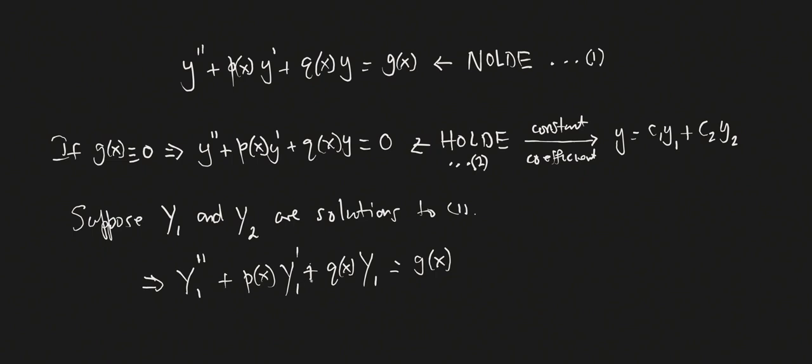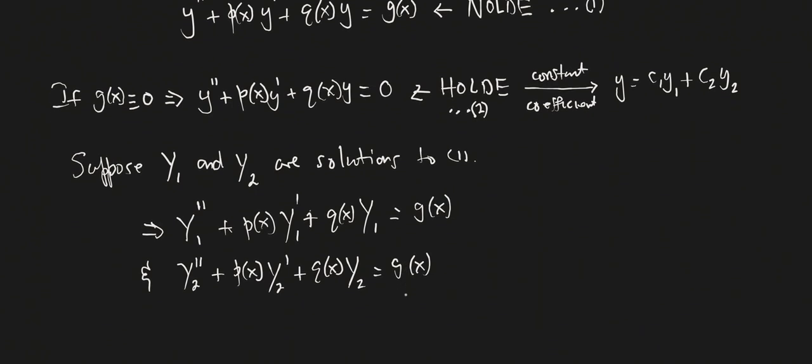And then the same thing would be true for Y2. If I'm saying I have these two solutions that will satisfy my NOLD, then it's the same. I would just change these subscripts to 2. So Y2 double prime plus p of x times Y2 prime plus q of x times Y2. That would also be equal to g of x.